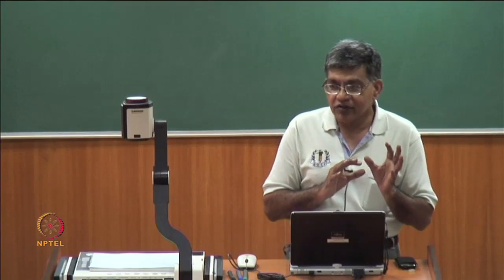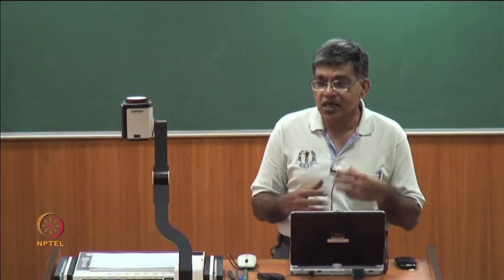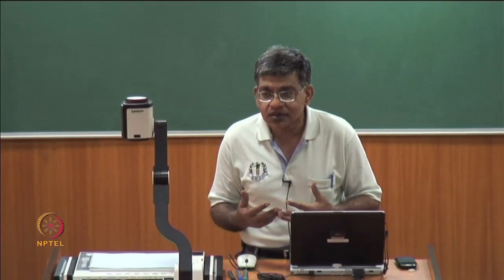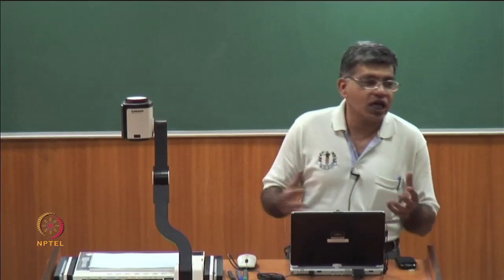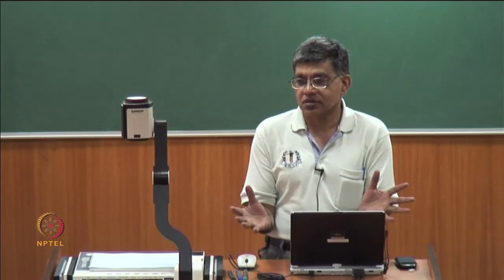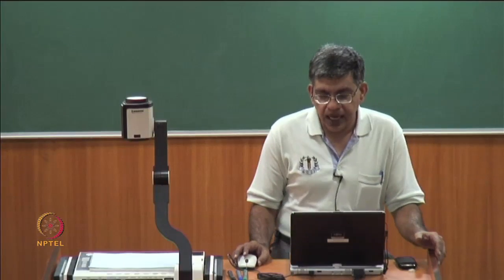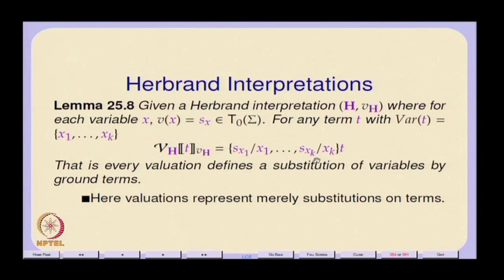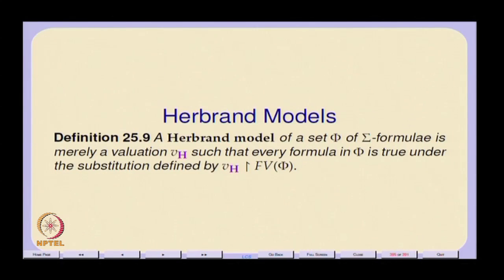But now, when your valuations themselves are in the same set of terms, everything collapses to just substitutions. The only thing is that it is not any arbitrary substitution, it is a substitution of ground terms for variables. So valuations represent merely substitutions on terms.